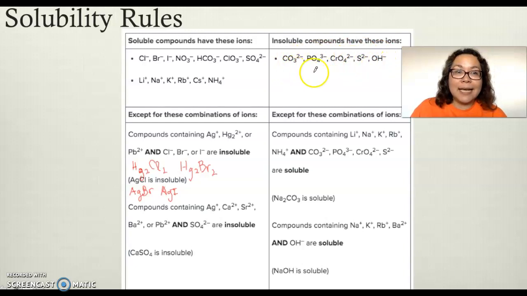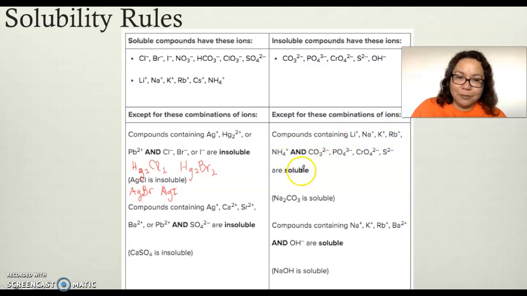If you see these, they are generally not soluble and will form a precipitate. Now, when these are mixed with some ions such as lithium, sodium, potassium, rubidium, and ammonium, then that's the exception.